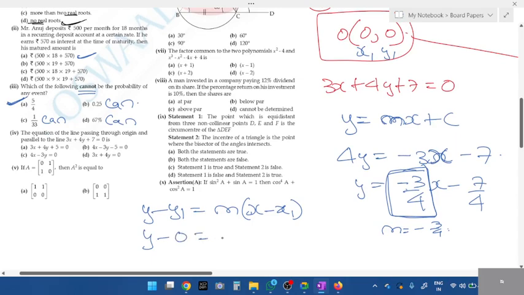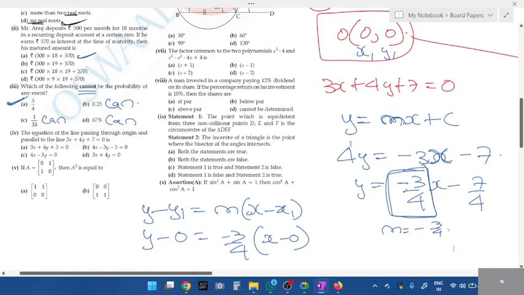y minus 0 is equals to minus 3 by 4 into x. Completed.